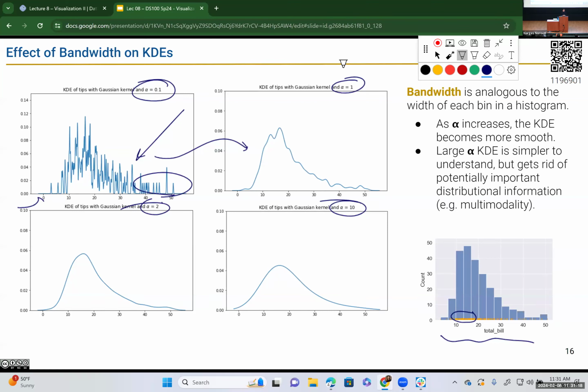Think about the case with histograms, where we were also changing the number of bins to see at what point we have the general trend figured out. This is also the same. And if you think about it a little more deeply, you can make sense of why bin sizes can correspond to the different alpha values, or these bandwidth values that we have.